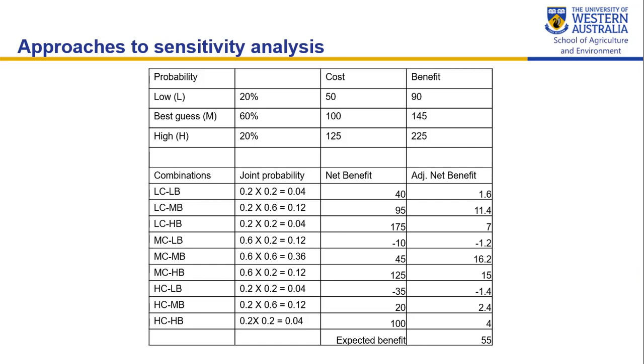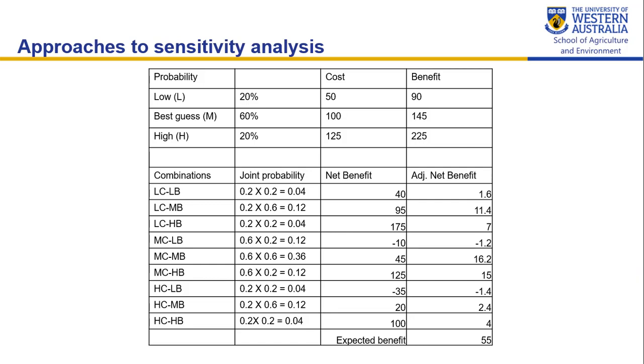The probability of having low cost and low benefit is given by the joint probability distribution, which is 0.2 times 0.2, which is equal to 0.04. The net benefit in this case is 90 minus 50, which is equal to 40, and the adjusted net benefit, which is 40 times 0.04, is equal to 1.6.